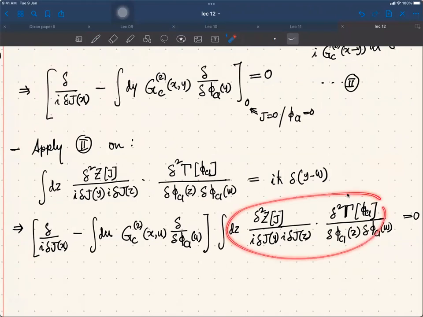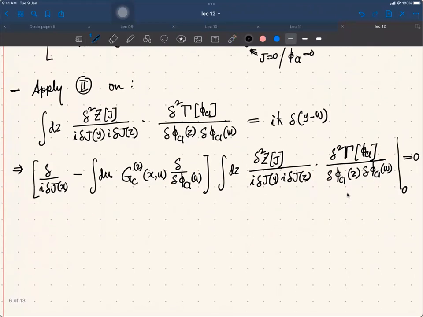But here we haven't done that. So that's what enables us to take these derivatives. This is a derivative. If we set j equal to 0 here, we cannot take the derivative. So in order to take the derivative, we have to take this at non-zero j and non-zero phi cl for this derivative to act on this. And then after taking the derivatives, you calculate that at j equal to 0 and phi cl equal to 0.